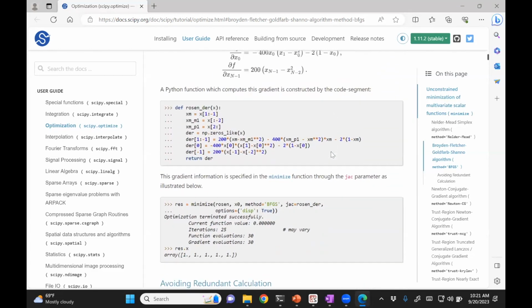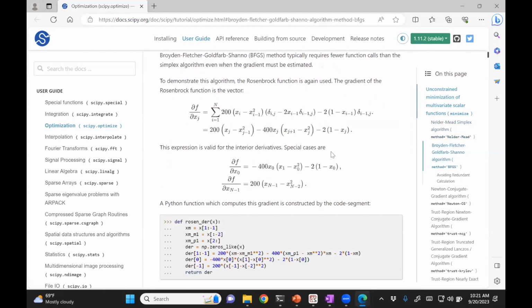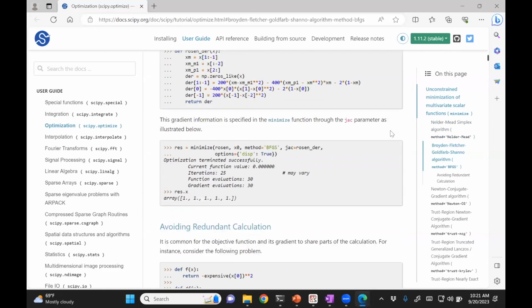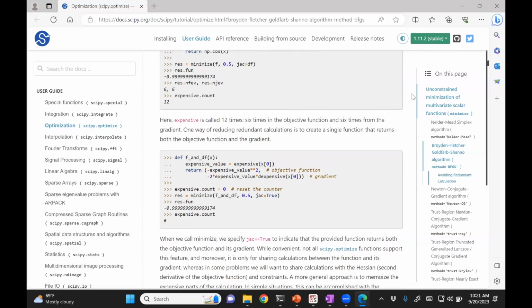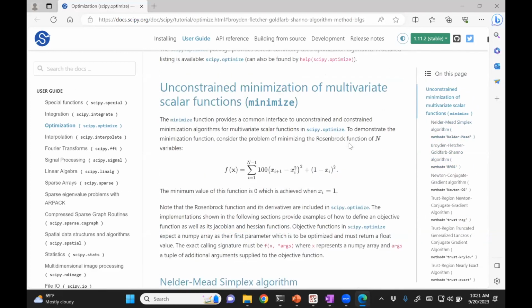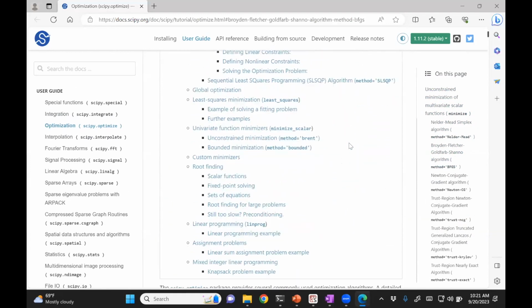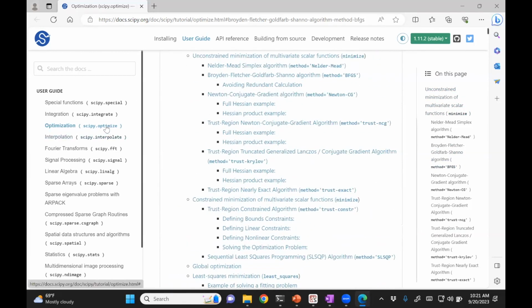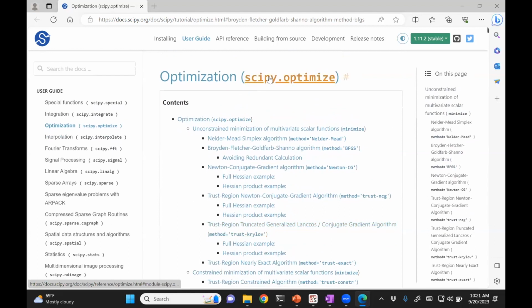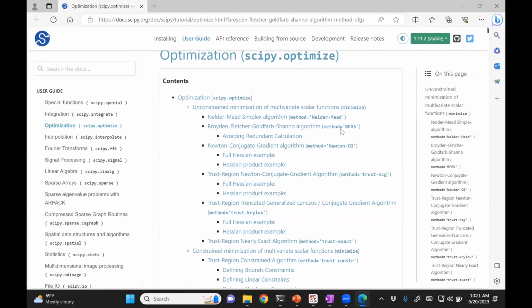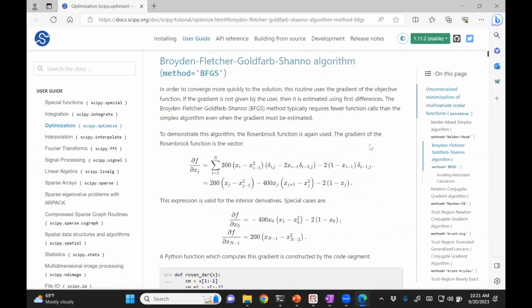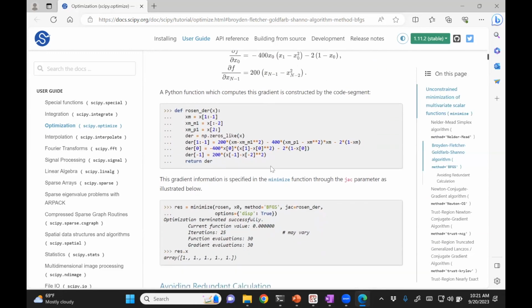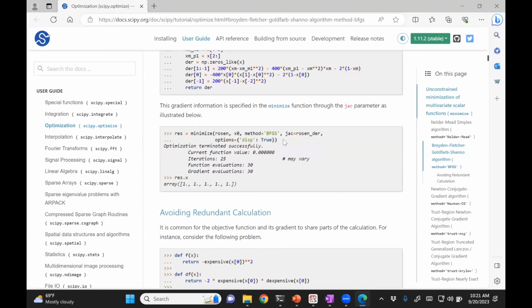So what this function requires is, see if you can find the syntax. Okay, I guess we need to just look at the way it is called here, right here.